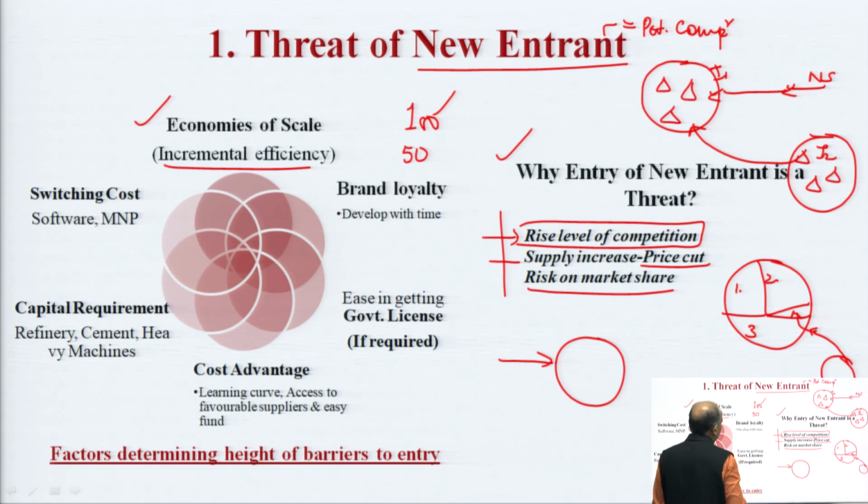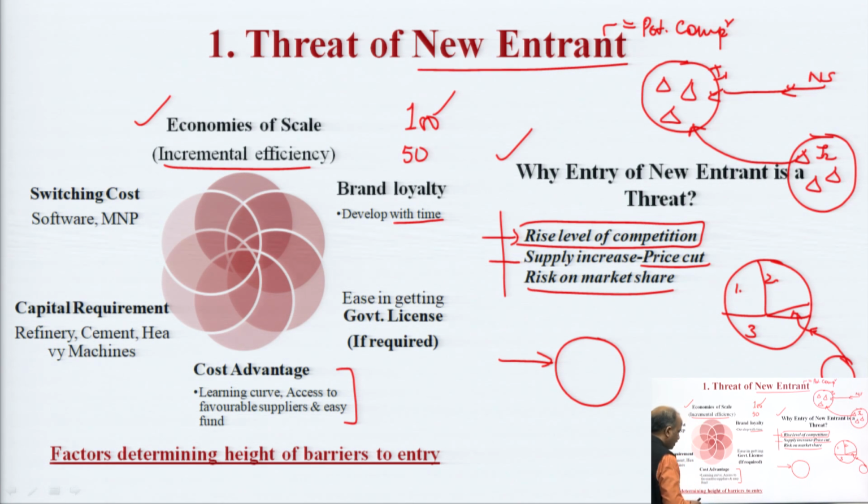Second is brand loyalty that develops with time. Existing players who already spent some time in the industry may have loyal customers. Then there is the ease in getting government licenses if required, cost advantages from being already in the industry, access to favorable suppliers and easy fund availability.